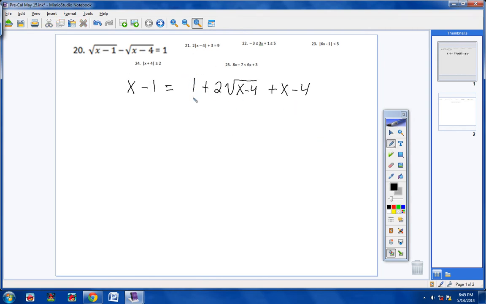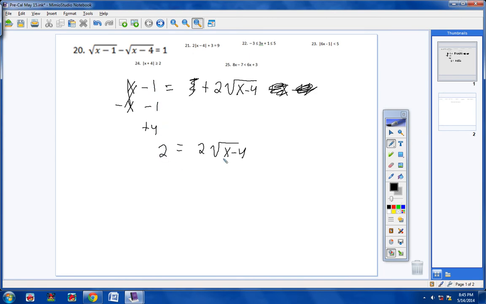Well, I'm going to bring this positive 1 over and make it a negative 1. I'm going to bring this positive x over and make it a negative x. I'm going to bring this negative 4 over and make it a positive 4. So now I'm left with 2 square root of x minus 4, and your x's cancel here, and negative 1 is negative 2 plus 4 is 2.